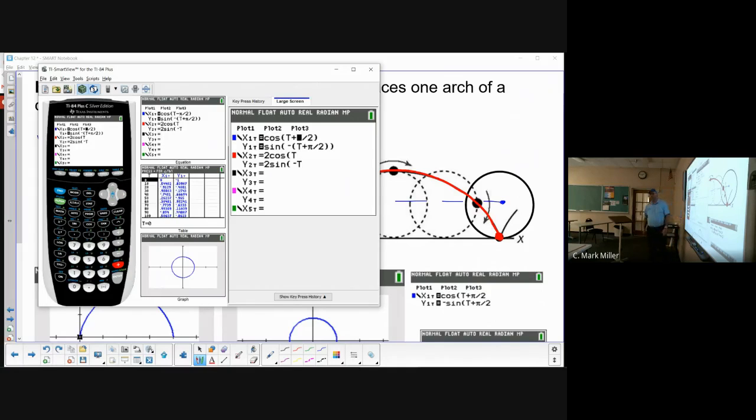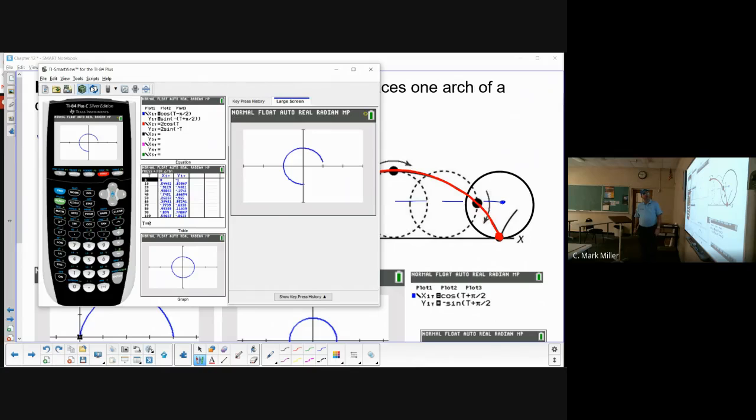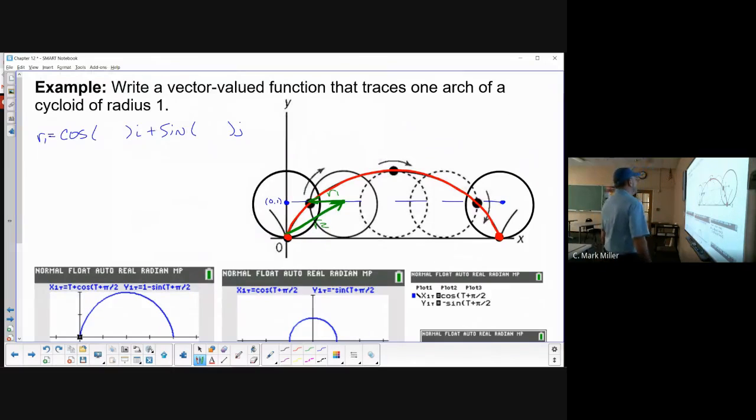I'm not going to do it again, but when I hit trace, that should start at the bottom, be a smaller radius, start at the bottom, and go this way, clockwise, right? Ready? Right. So that's going to be cosine of t plus pi over 2, right?